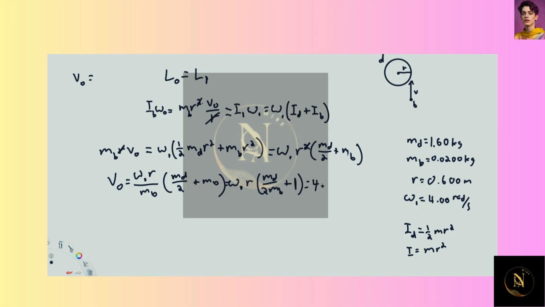This will be 4 times the radius, 0.6, times first the mass of the disk, 1.6, over 2 times the mass of the bullet, 0.02, plus 1. And that will get us our initial velocity of 98.4 meters per second.